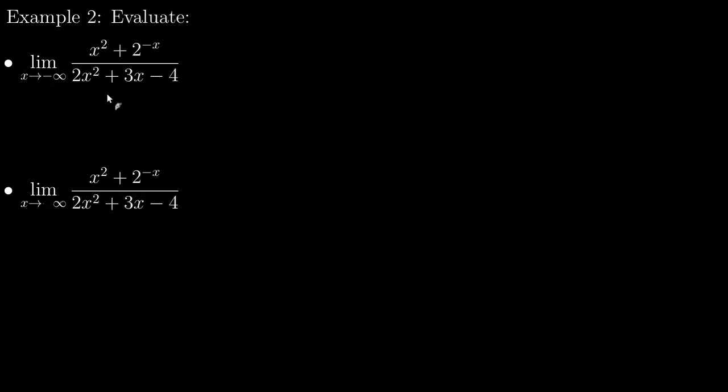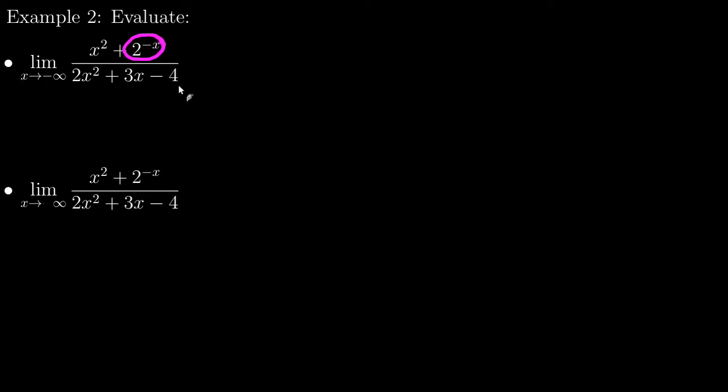That's a lie. Alright, so in here, I might not be able to just look at this and see what happens at negative infinity, but if I consider the left end behavior, in the numerator I have x squared and I have 2 to the negative x. As x is approaching negative infinity, this exponent is approaching positive infinity, so this will make the biggest difference at the top.